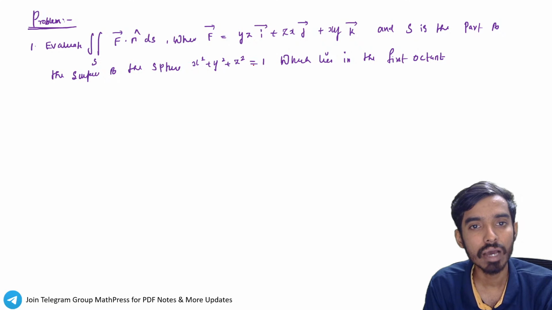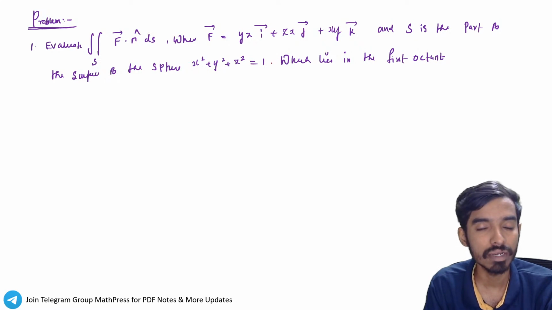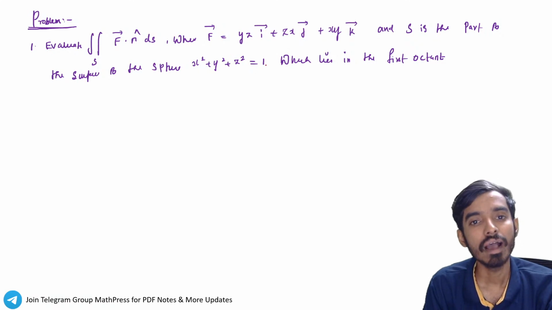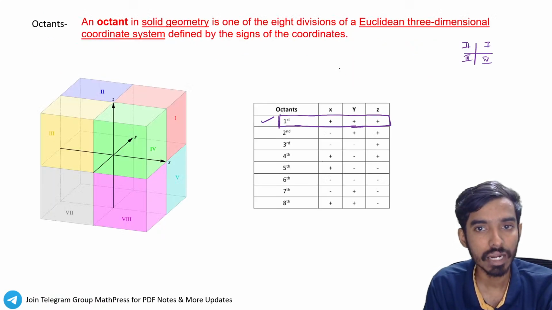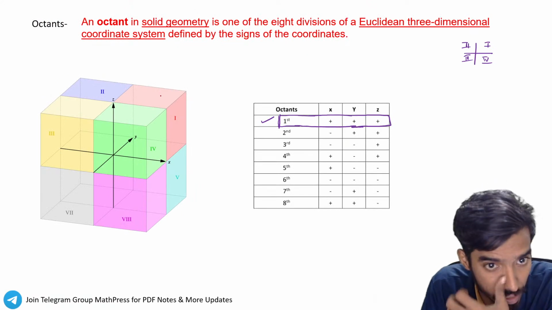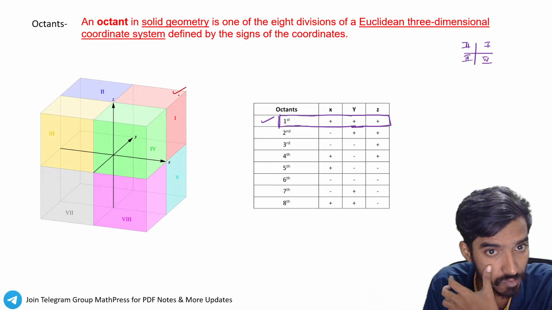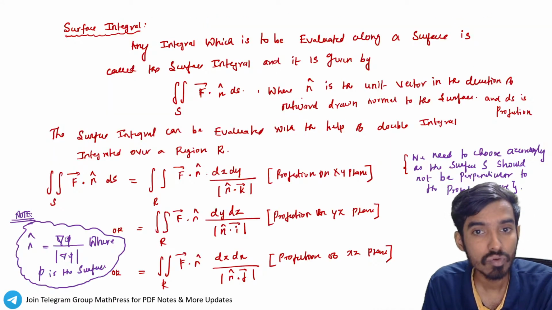So here we have r equal to 1. Radius is 1. So it is a sphere with the center at the origin and the radius is equal to 1. We need to evaluate this over the sphere which lies in the first octant, right? It has to be in the first octant. We need to find that, right?